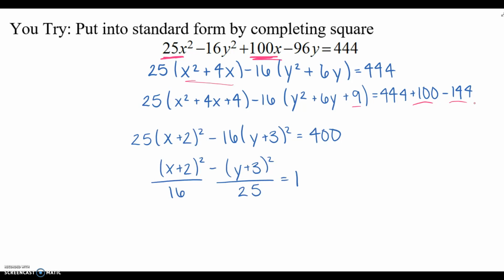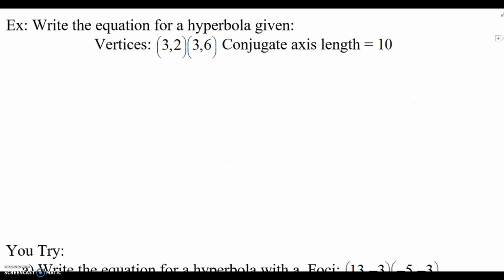So now if you flip it over, let's talk about when you're just given parts. Write the equation for a hyperbola given the vertices and the conjugate axis length is 10. So just like for ellipses and parabolas, I want you to draw a sketch. So let's make a coordinate plane.